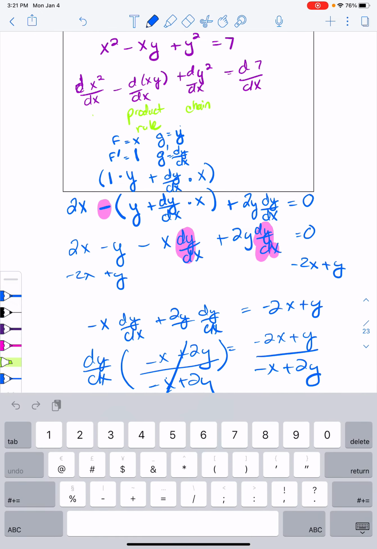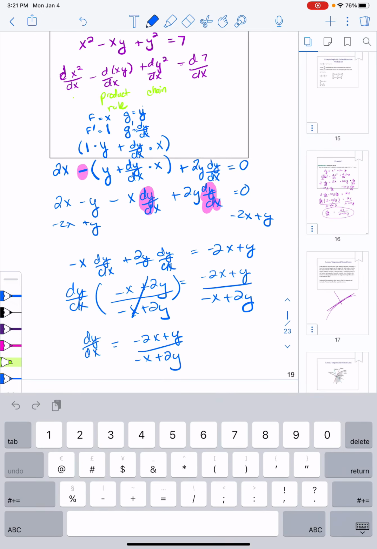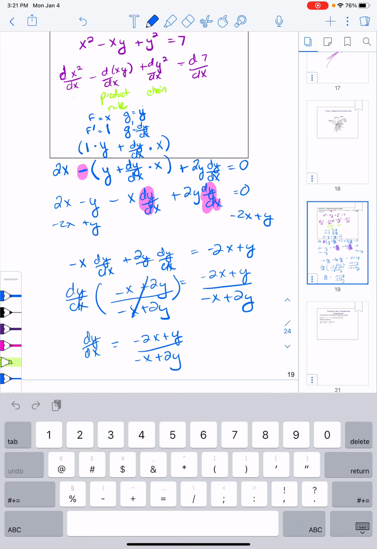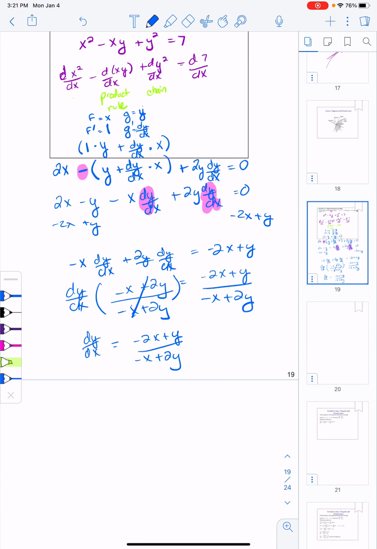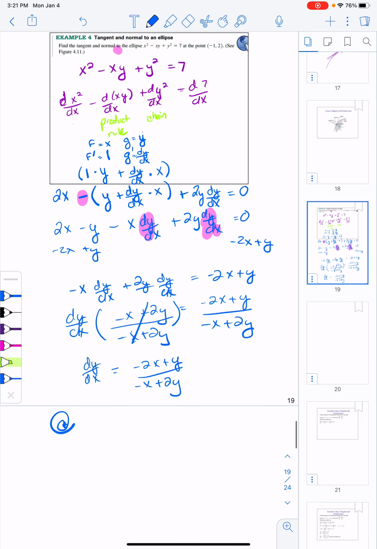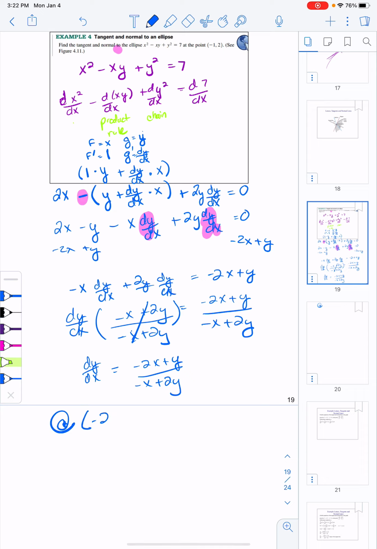I'm going to add a page here, sorry. At negative 1, 2, I'm going to substitute in.